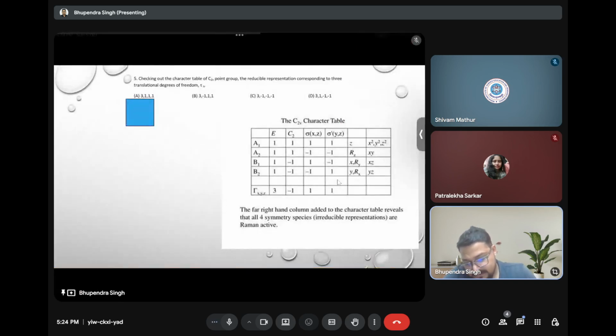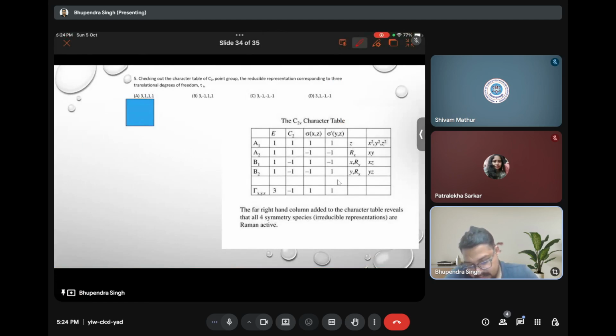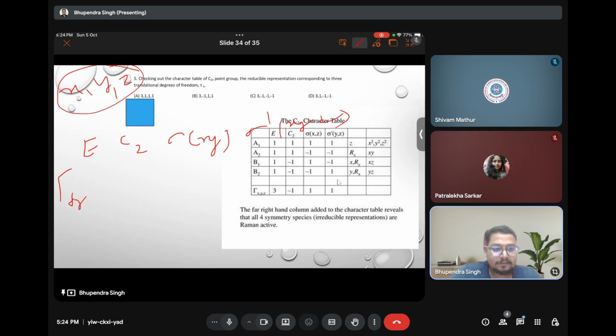Now we have to again find out E, C2, sigma xz, sigma yz, the irreducible representations. So basically 3 degrees. Bases are x, y, z. They are asking about the translational degrees of freedom, T.